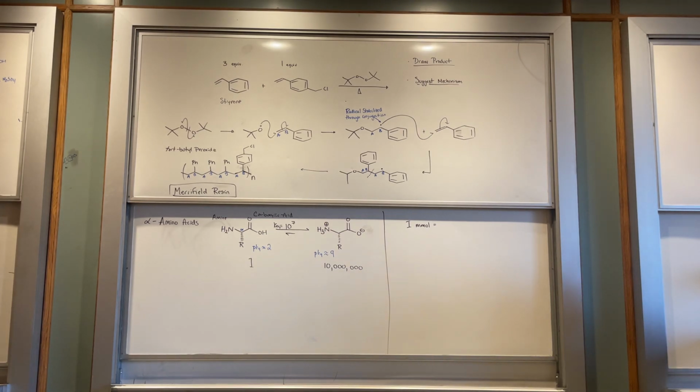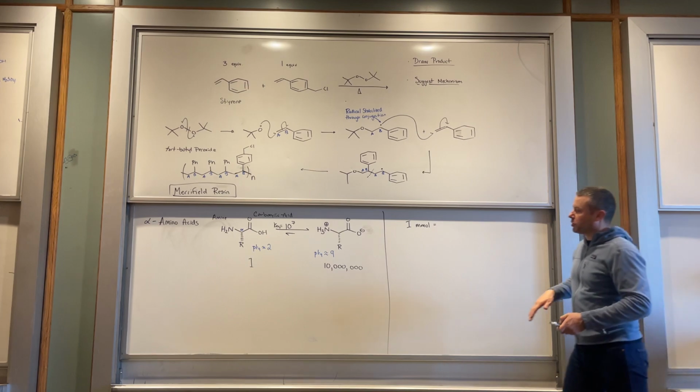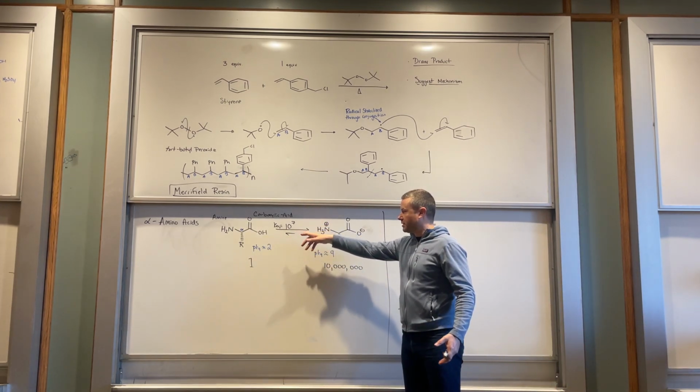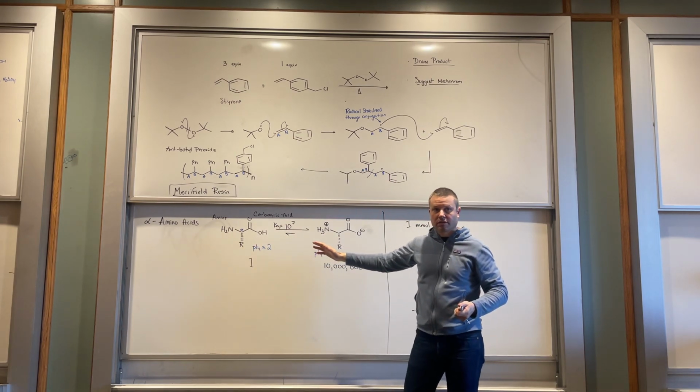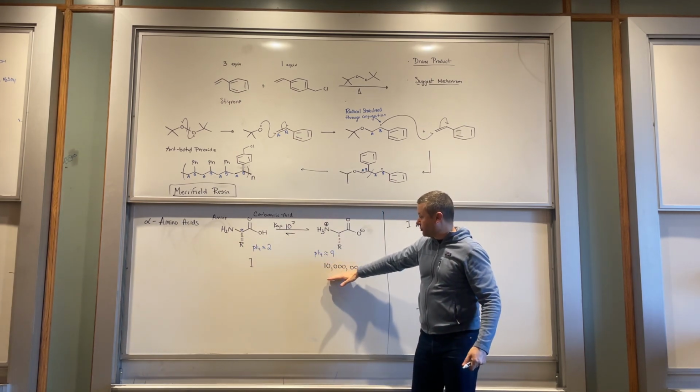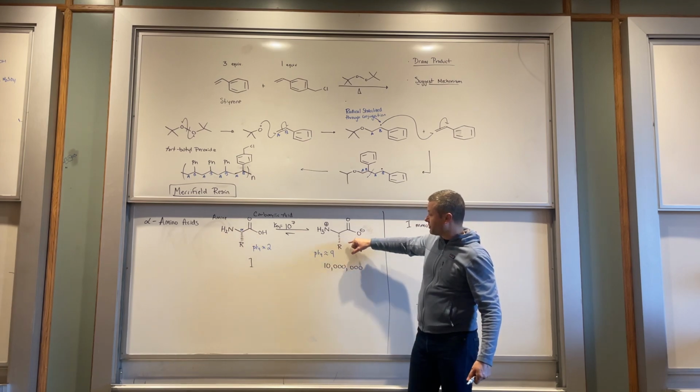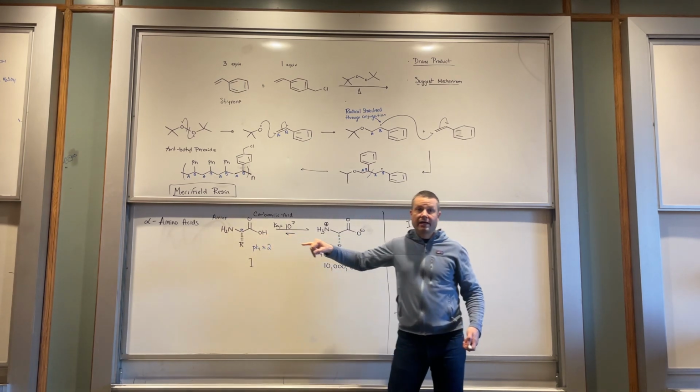So just to bring that into context for you, we talk about these equilibria a lot. If it's an equilibrium like 10 to the 7th, we have some huge number on the right, some small number on the left.